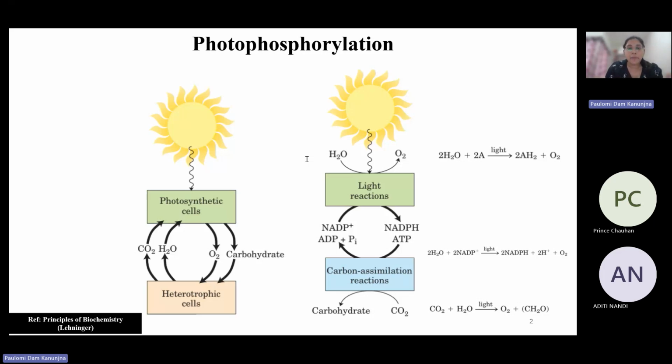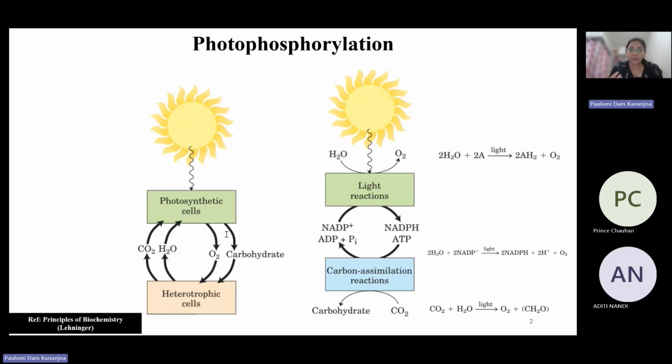Right. Now, photosynthetic organisms trap the solar energy and then they form ATP. That is what we have seen previously also. But previously, in oxidative phosphorylation, the currency being generated was NADH. However, in photophosphorylation or photosynthesis, along with ATP, these organisms form NADPH.